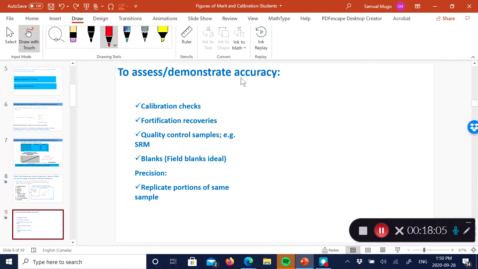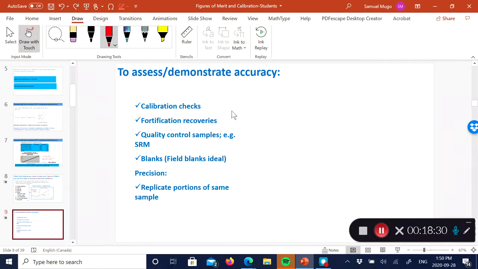You can also demonstrate accuracy by doing fortification recoveries that I'm going to talk about in the next slide. You can demonstrate accuracy by running a standard reference material. Again, we've already talked about this. This is a standard that you buy from the manufacturer, and its concentration is very accurately known.